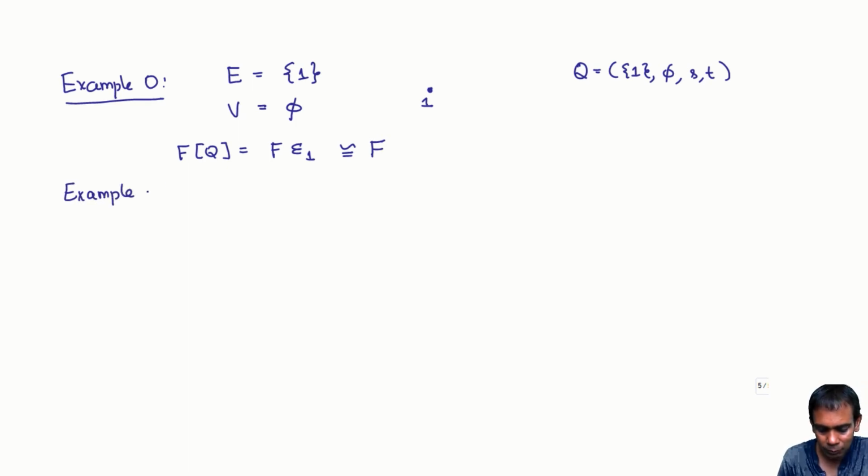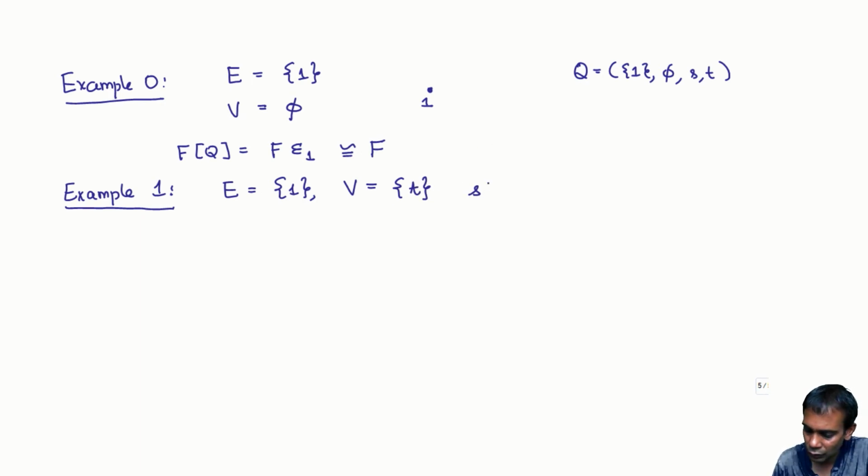Let's look at a slightly more interesting example. Let's take E to be {1}, but now I'll have V to be just one arrow, which I'll call U. S of U equals 1 and T of U equals 1.